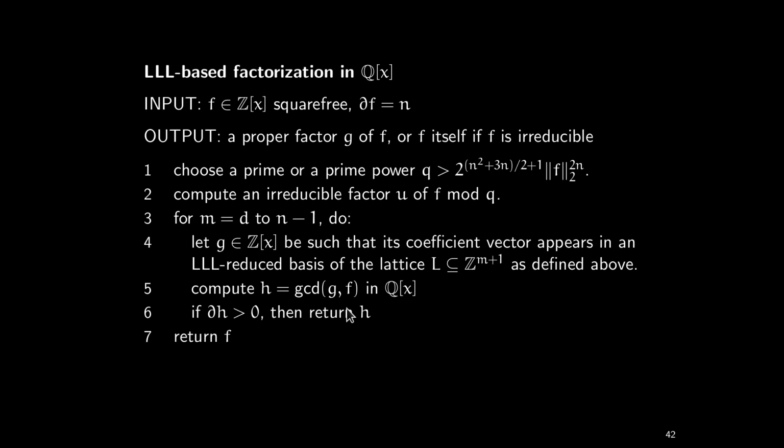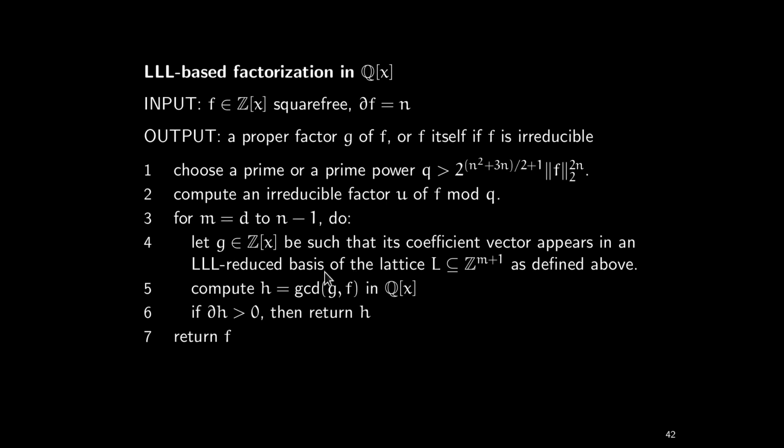So in general, you would have to take a multiple, and we now use LLL to construct this multiple. So we try multiples of increasing degrees, starting with the degree of u. So d is the degree of u, all the way up to n minus 1. n is the degree of f.